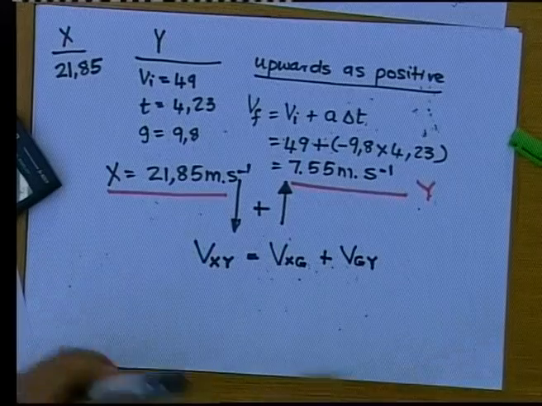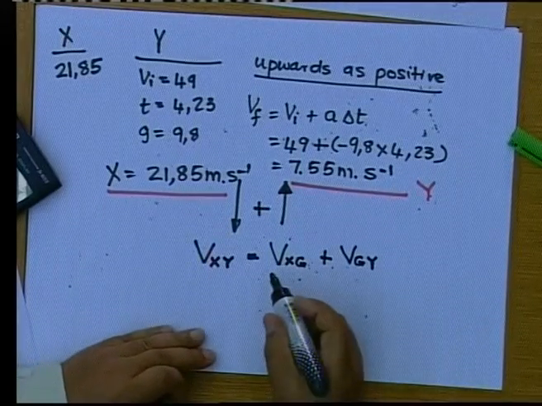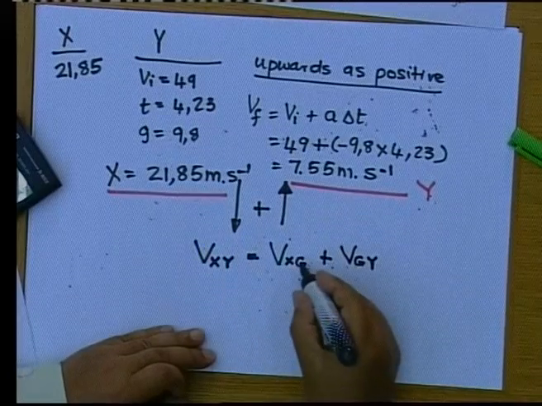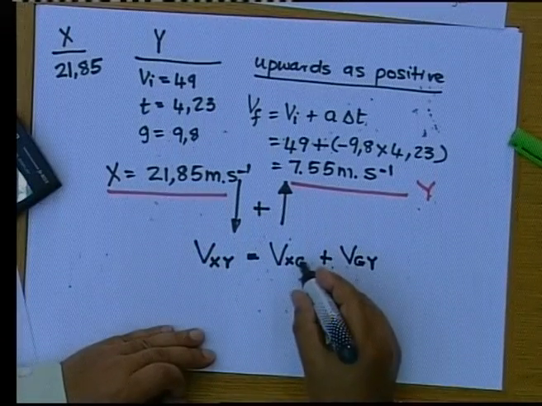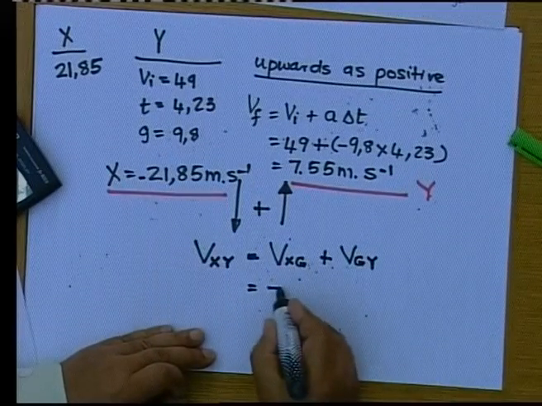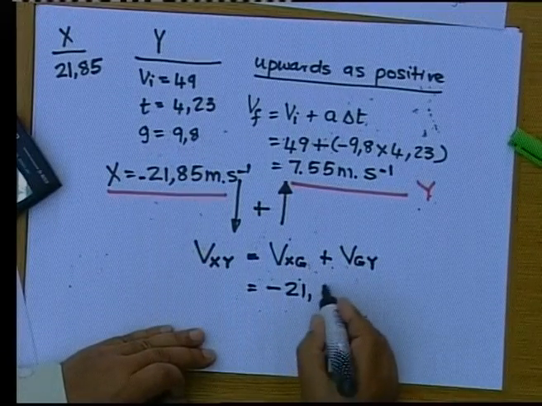And so what do I do now? Then I write down the two velocities. Remember, the original velocity was downward, because I'm working now from X to the ground, which was downwards, which means that it was minus 21,85.